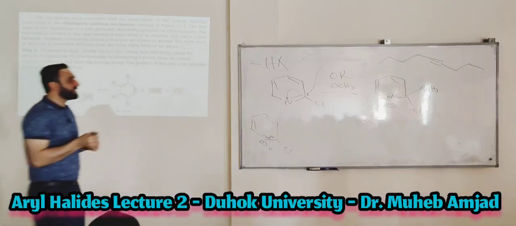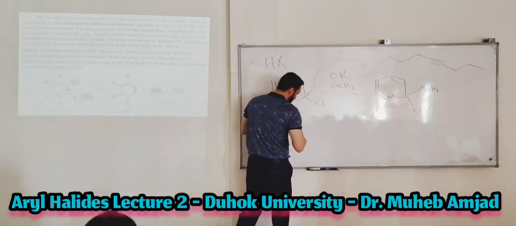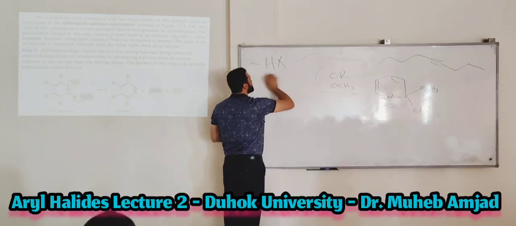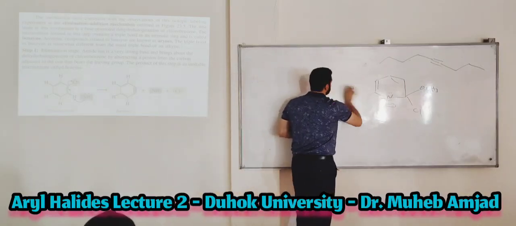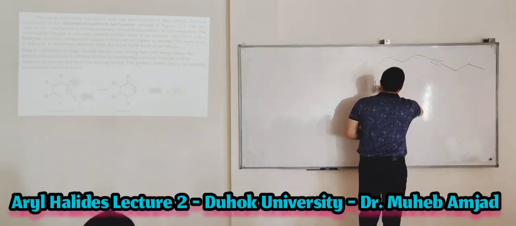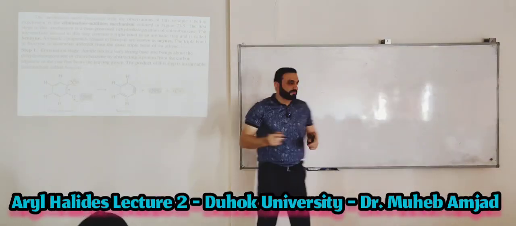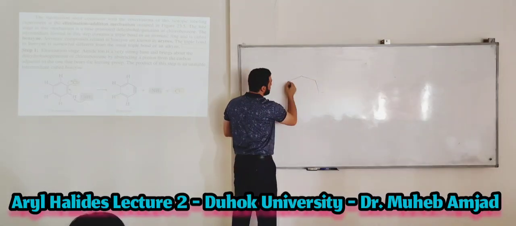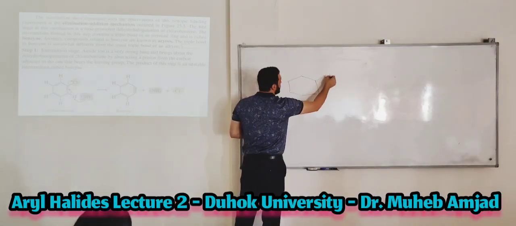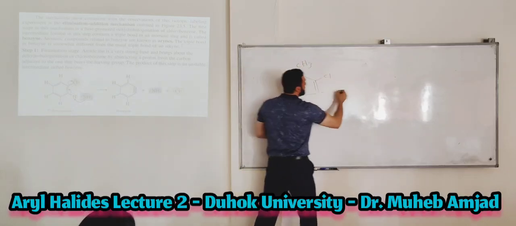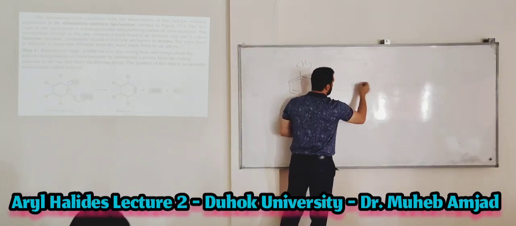But if you have a compound like this, for example, with CH3 at position number 2, chloro, CH3, and NH2 minus.